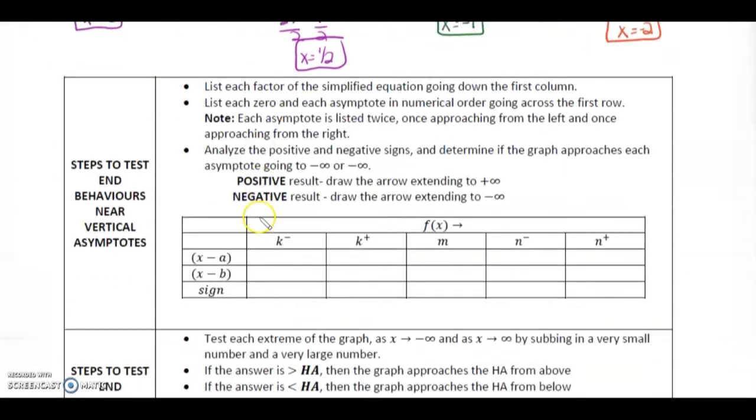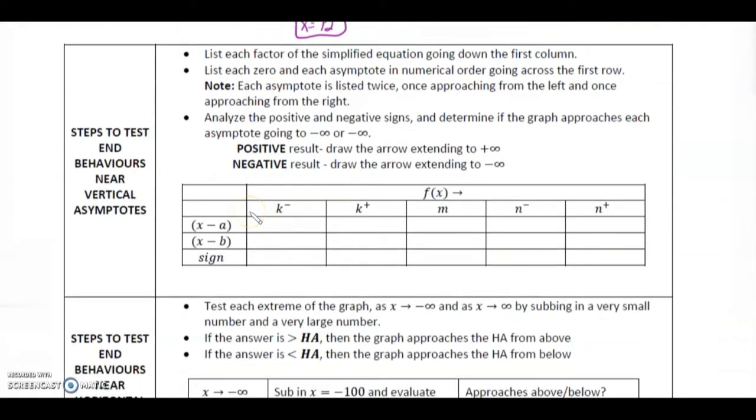Okay, so let's talk about steps to test end behaviors near vertical asymptote. So what does this even mean? When we approach a vertical asymptote, when we're dealing with a rational function, let's say we have a vertical asymptote here. One of two things is going to happen.